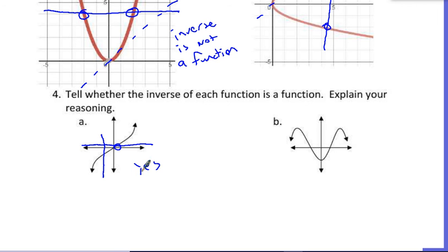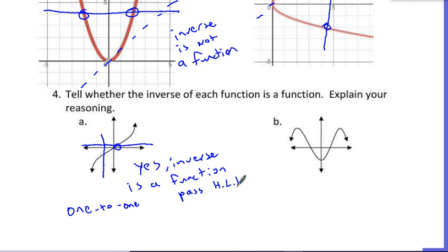Yes, the inverse is a function, making the original function what we call 1 to 1. And we know this because it passed the horizontal line test.